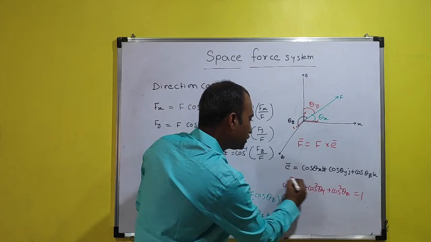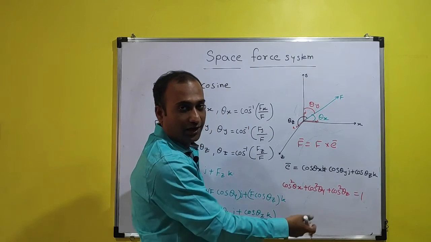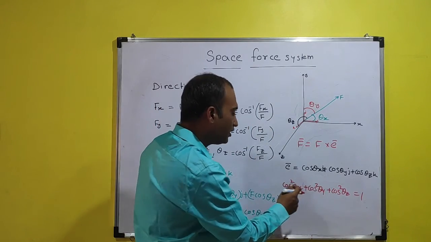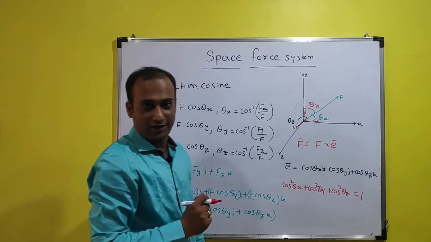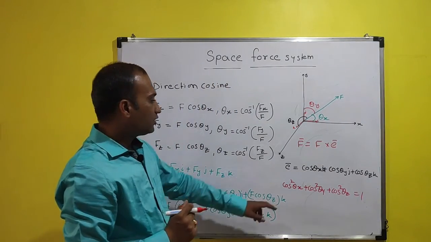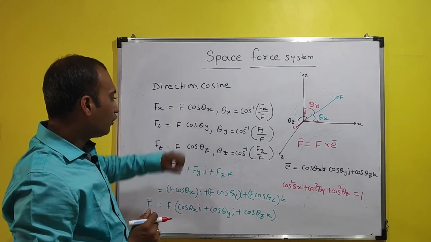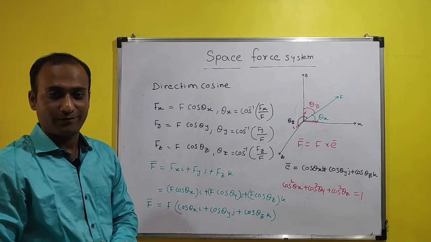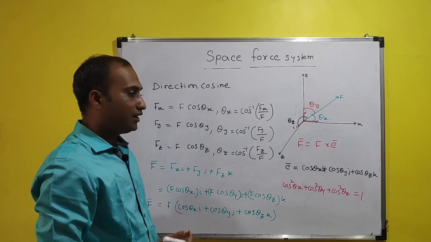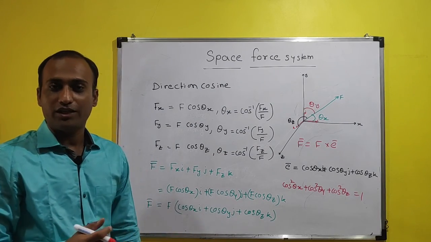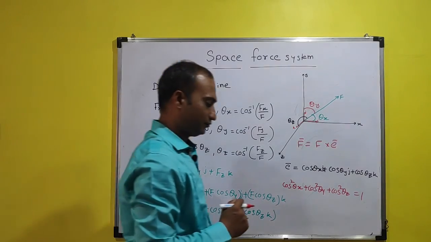Taking the square root of this gives 1, and squaring both sides again gives the equation like this. This is the direction cosine rule, and these are the direction cosines. You can remember this for solving the examples.